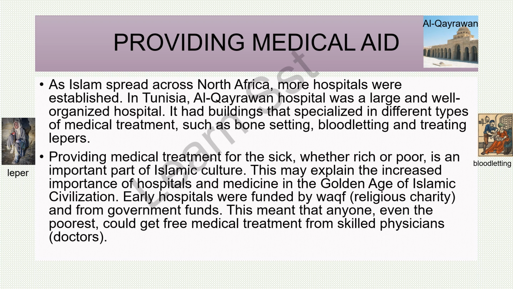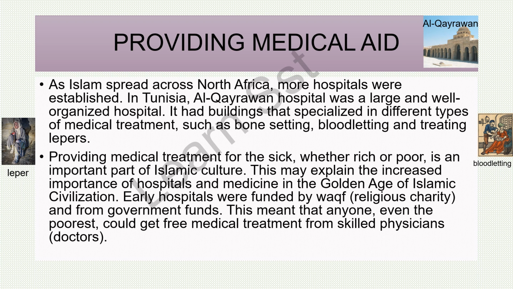So over here, these are the things which we have to keep in mind. First of all, during the time when Islam was spreading in North Africa, in Tunisia, you have this well organized hospital being formed. Second important thing is that the sick people, whether rich or poor, irrespective of their economic background, were always promoted medical treatment by Islamic culture.